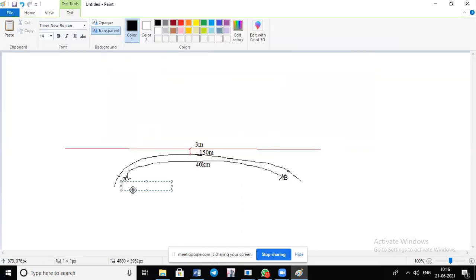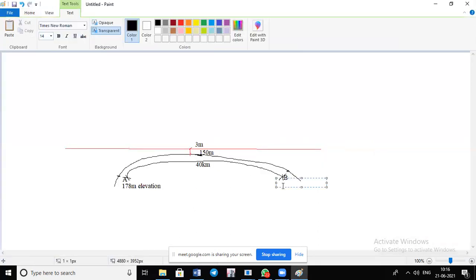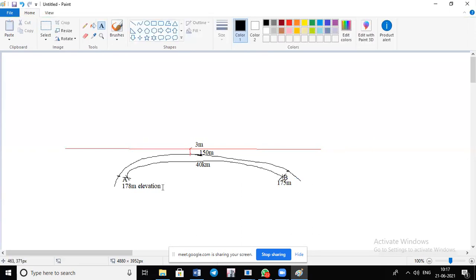For our reference, I'll write it down here: 178 meter elevation at A, and at B it is 175 meter. We know that the minimum height required here will be 153.